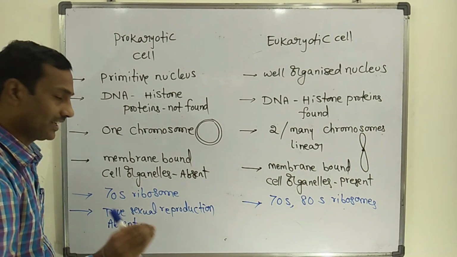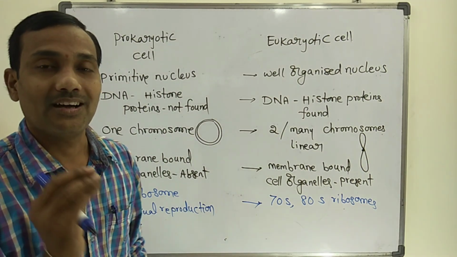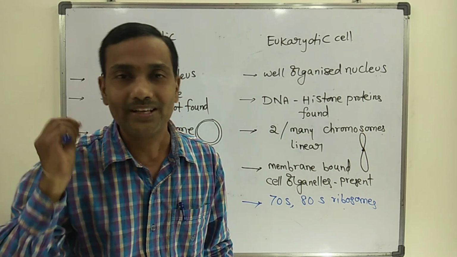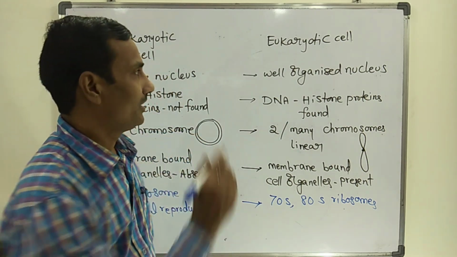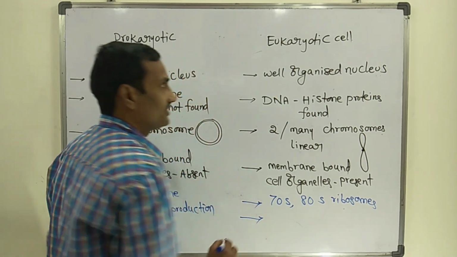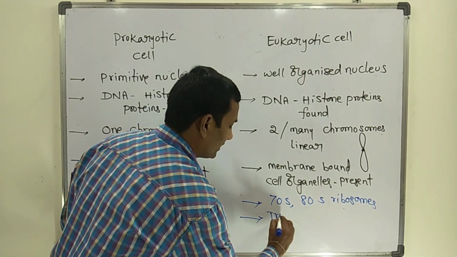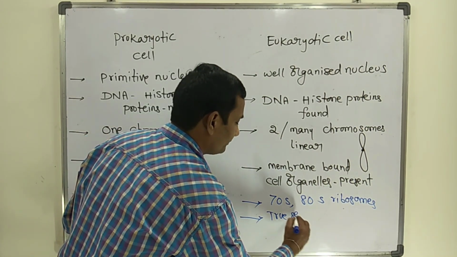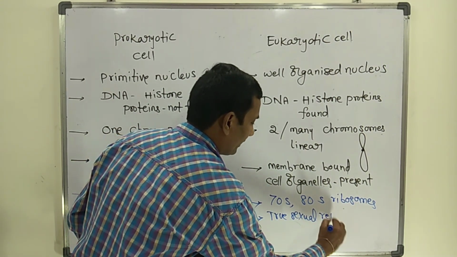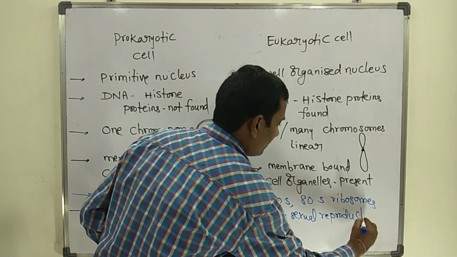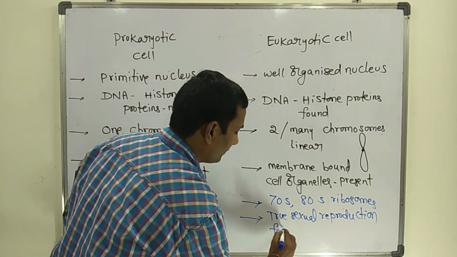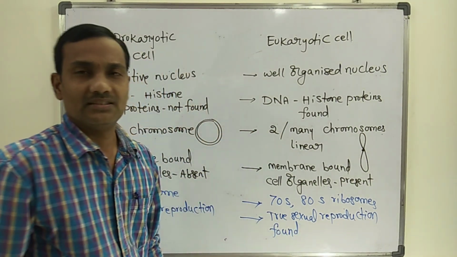That's why true sexual reproduction is not observed in prokaryotic cells. But in eukaryotic cells, that may be plant or animal, true sexual reproduction is found in all eukaryotic cells.